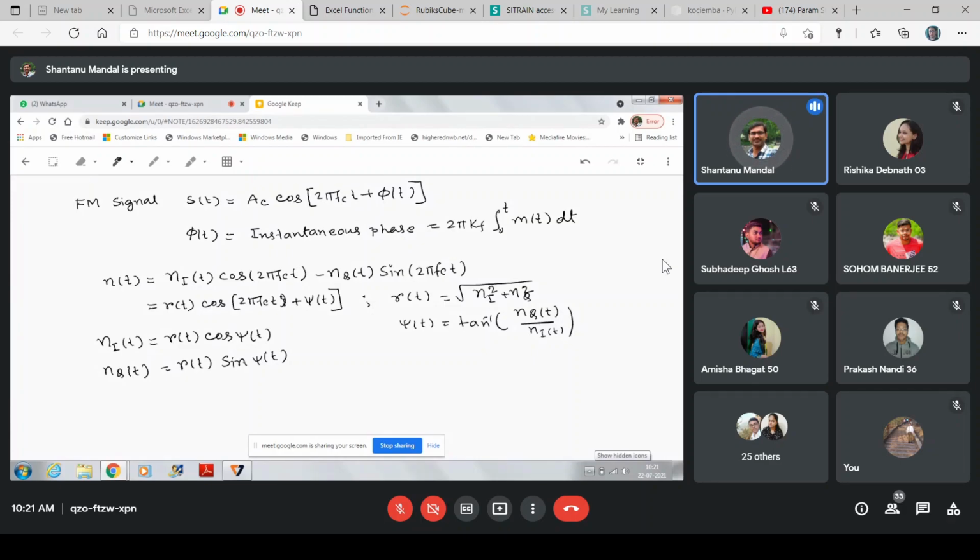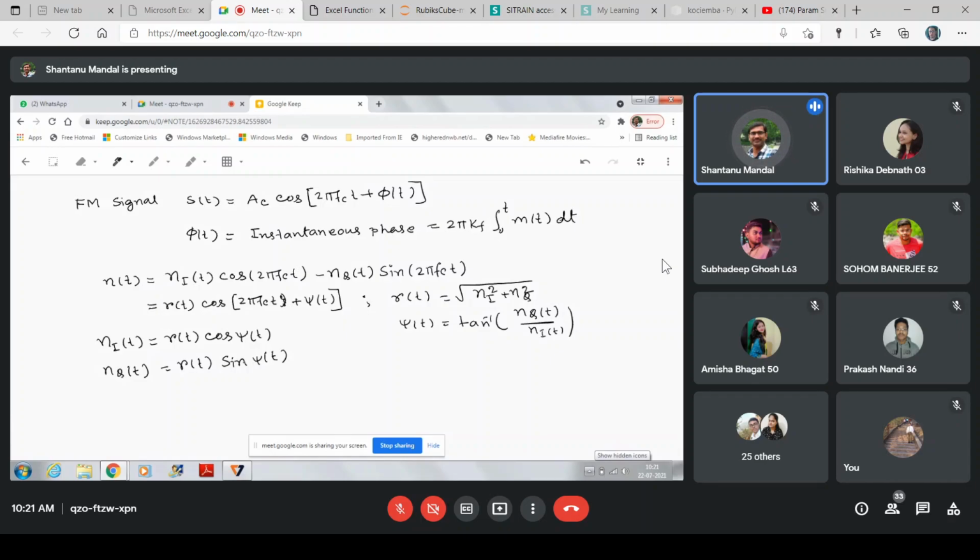Now our aim is to determine the figure of merit at the receiver output.